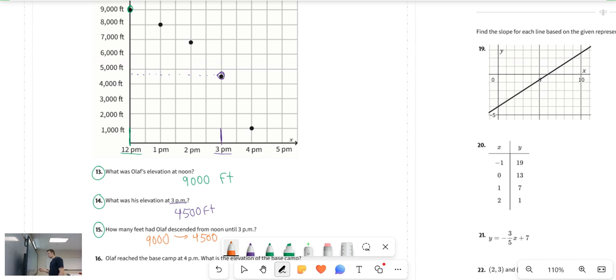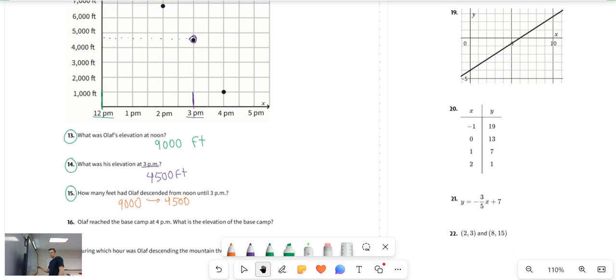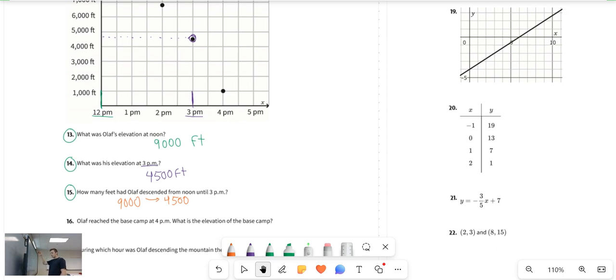Well, we could just do that as 9,000 minus 4,500. That's going to give the difference in feet, and then we just have to make sure that it's right. He is going down from 9,000 to 4,500. So 9,000 minus 4,500 is equal to 4,500.